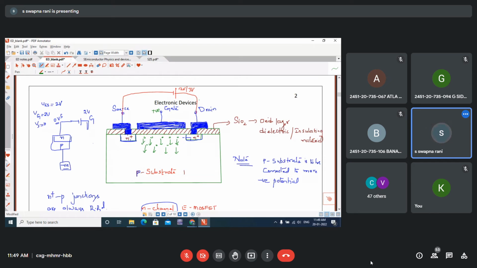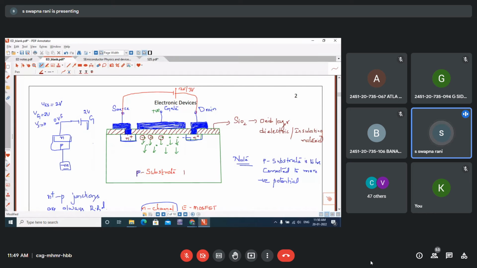When these holes are getting repelled, that is, when they are moving away from the oxide layer, each leaves a negative ion behind its position.